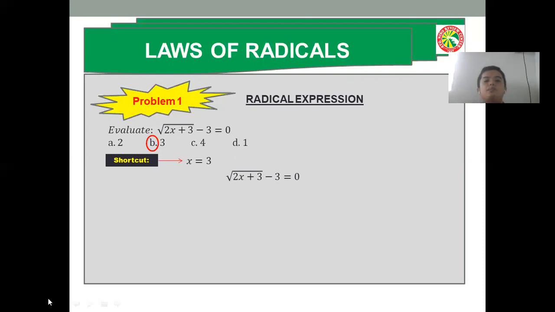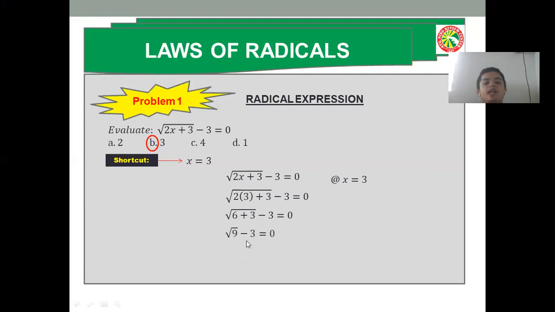So square root of 2x plus 3 minus 3, at x is 3, therefore this is 2 times 3 plus 3 minus 3. I'm substituting here the value of x as the number that I am picking on the choices, assuming that 3 is the answer. Simplifying further, 2 times 3 is 6, plus 3 is 9.